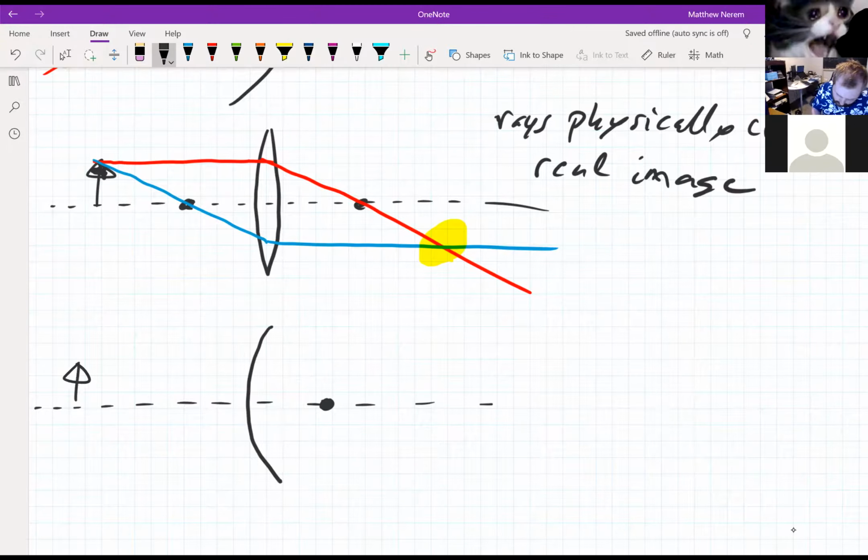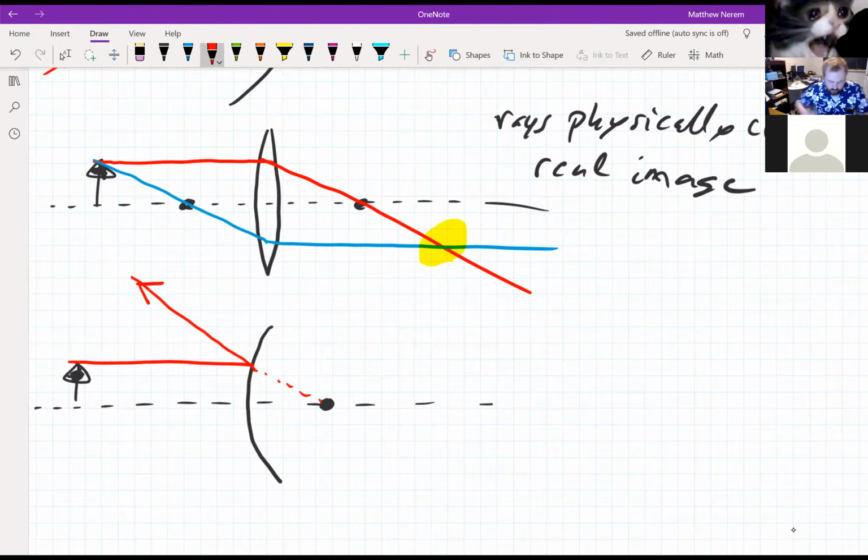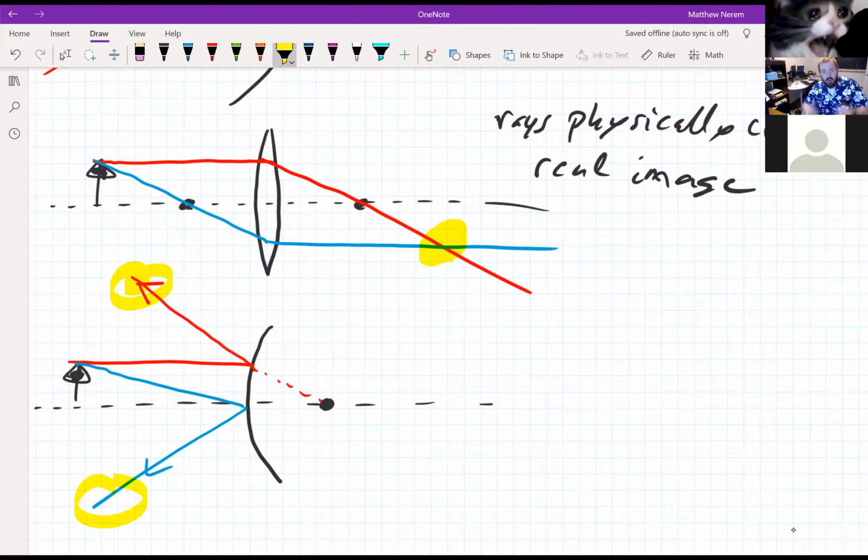So let's have our object out here. Send a ray in. It reflects this way. So there's my outgoing ray. I'll do another one. This one hits the vertex and bounces off. All right, those are the outgoing rays.